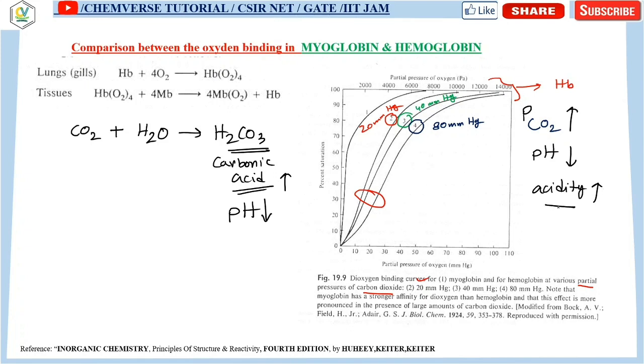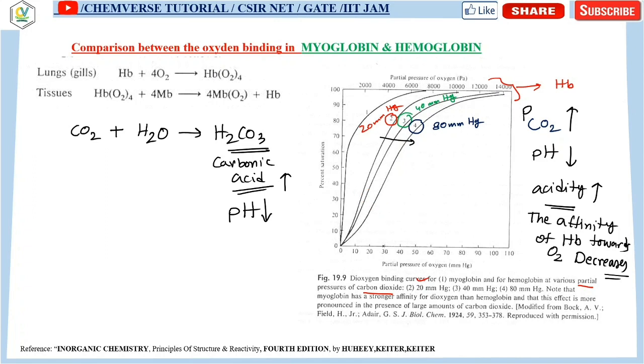Now when the acidity increases, the affinity of hemoglobin towards O2 decreases. Now this is a very important point. If you see these curves, as the concentration of carbon dioxide increases from left to right, you can see that the curve is getting flattened.